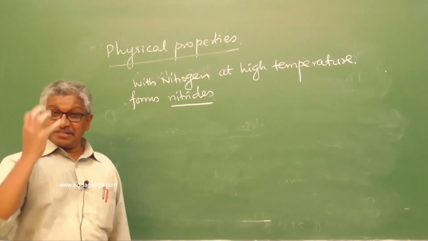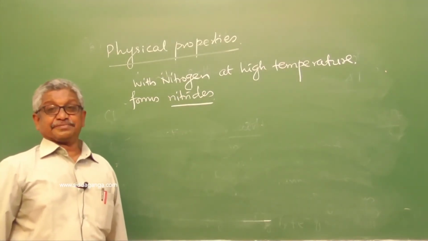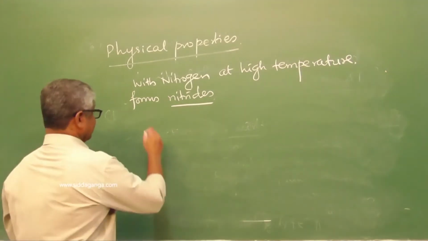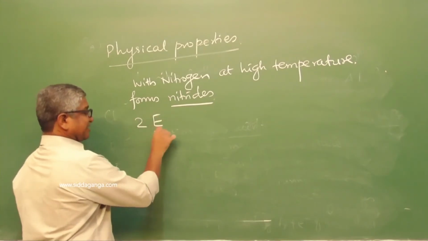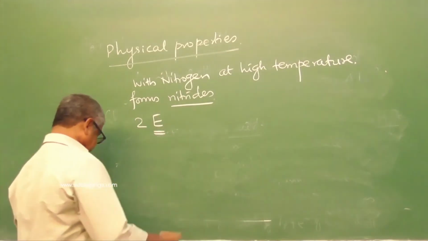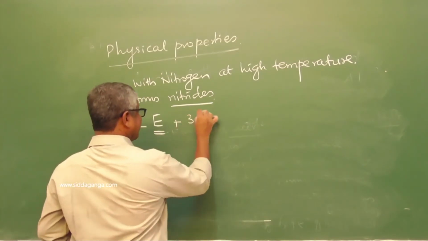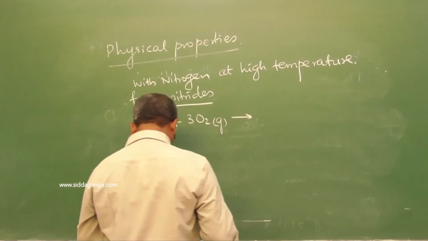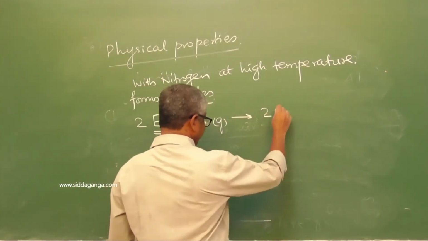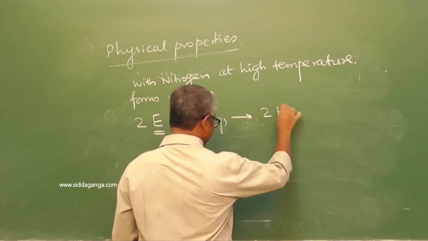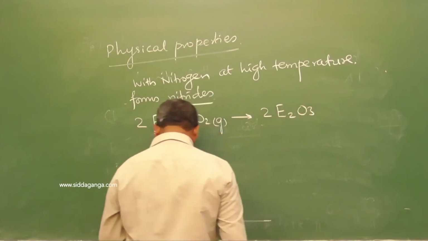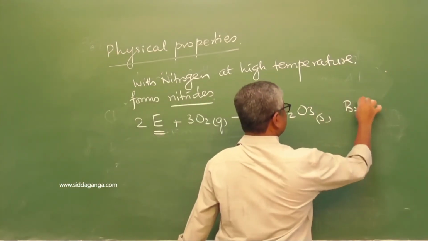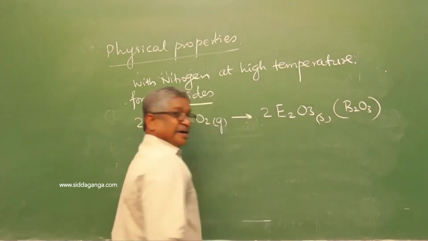13th group elements react with nitrogen to form nitride compounds. Example: E indicates a 13th group element. First it reacts with oxygen in gaseous state and forms the solid compound E2O3, examples B2O3 and Al2O3.